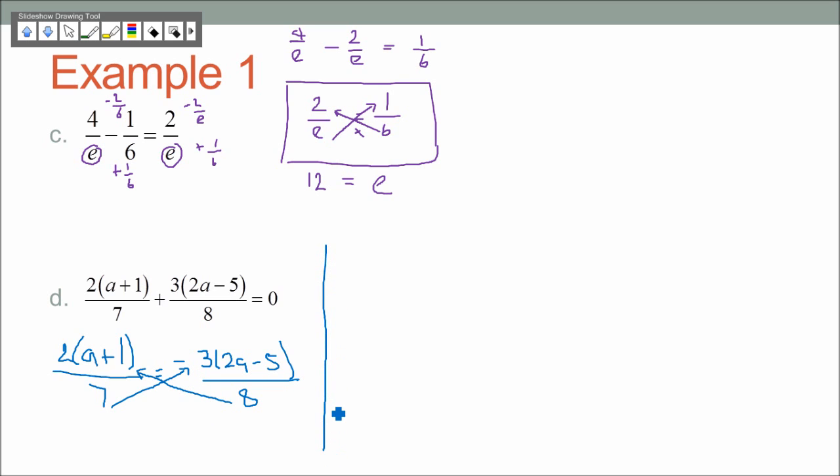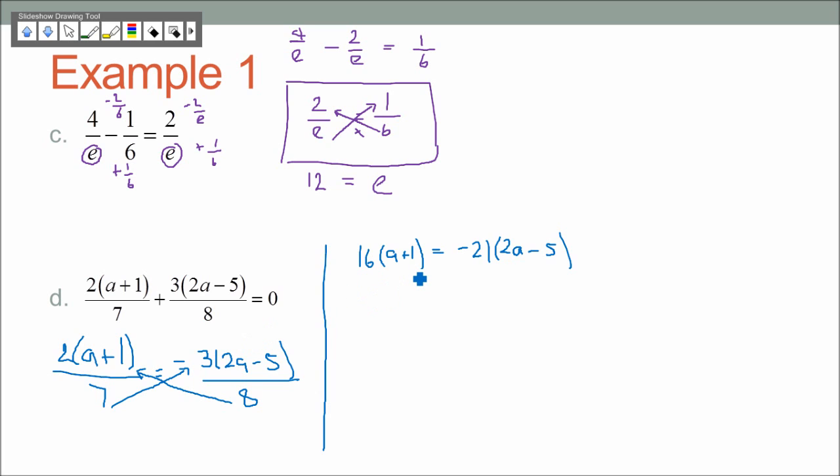So our question will now become 8 times 2 is 16 bracket a plus 1, and that's going to equal 7 times minus 3, so minus 21 bracket 2a minus 5. See, by doing cross multiplication, we've now got a question which looks much easier and doable than dealing with such a large fraction back at the beginning.